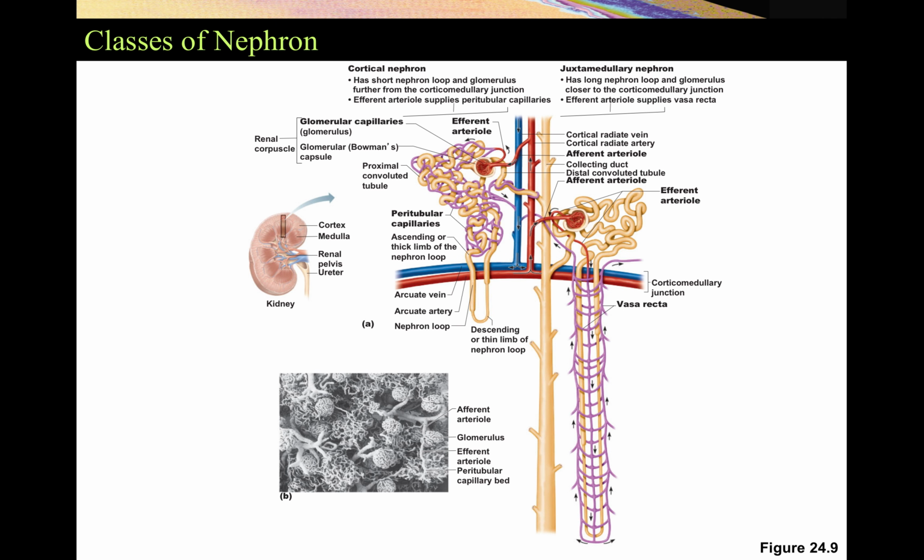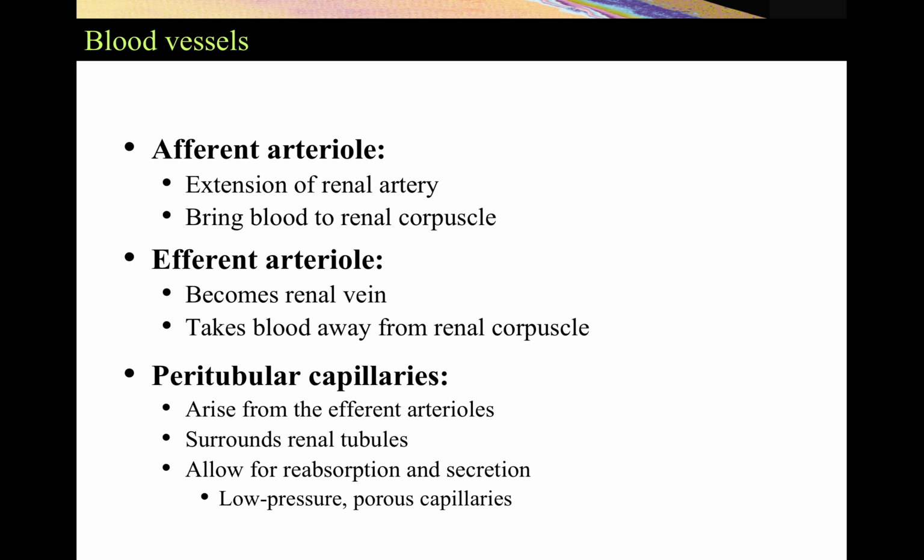So for that, you need blood vessels. If you want to return something back to the blood from the renal tubules, you must have blood vessels around the renal tubules. And those blood vessels are referred to as the peritubular capillaries. You see right here, peritubular capillaries, basically capillaries that are wrapped around the tubules.